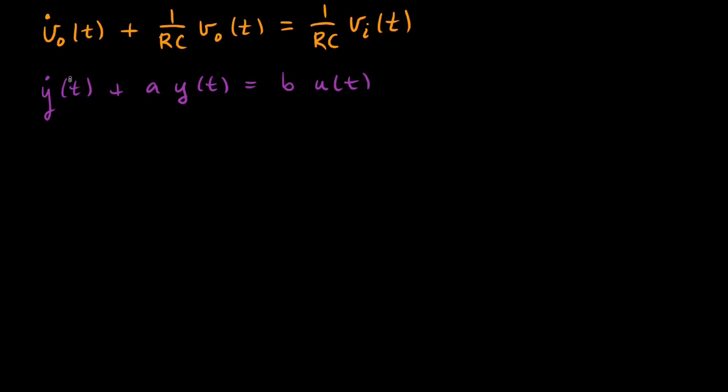I have a correspondence here. This expression matches what I had for my circuit under the conditions that a equals b equals 1 over RC, and also that V in of t equals u of t.